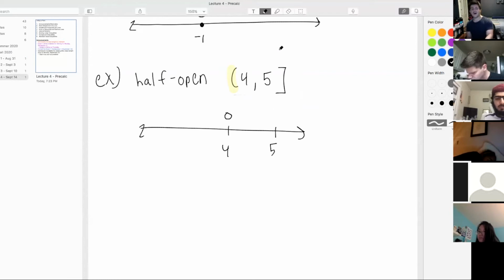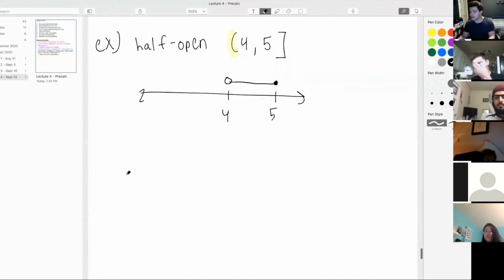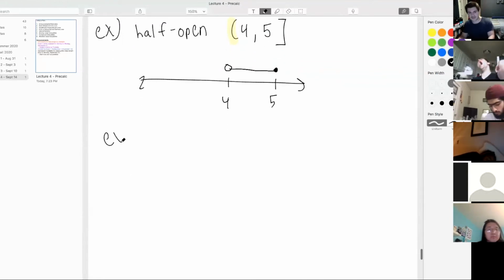But we have a bracket next to 5, so I'll put a closed circle there, and then just connect. What's going on here is that we're including 5 in our set, which is why I have a closed bubble.